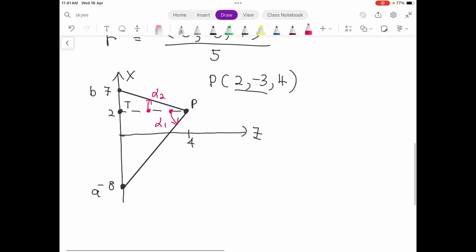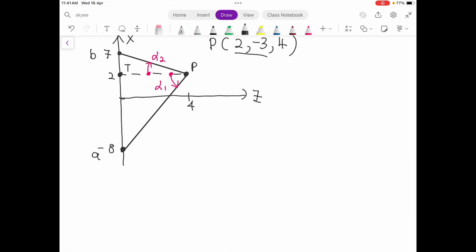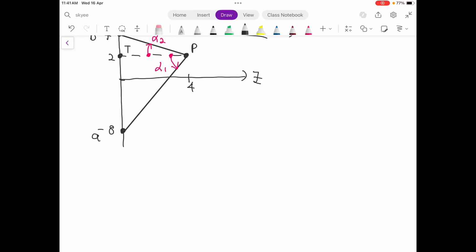So let's find alpha 1 and also alpha 2. For alpha 1, we will be referring to this triangle. We have a P, we have a T, and we have an A. The length will be 10 units over here, and just now we have calculated that R is 5.